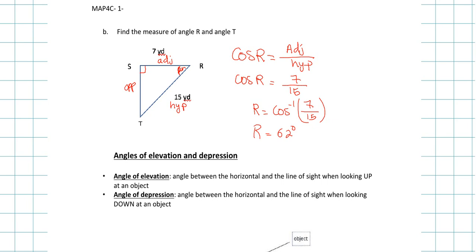Now I know angle S is what? What's the value of angle S? 90. The value of angle R is 62. How can I find the value of angle T? Subtract what?